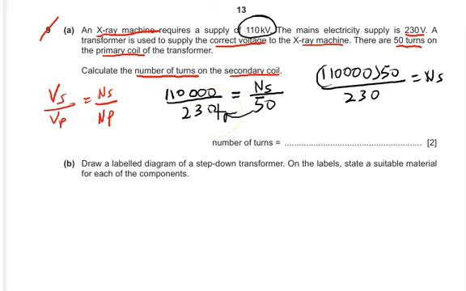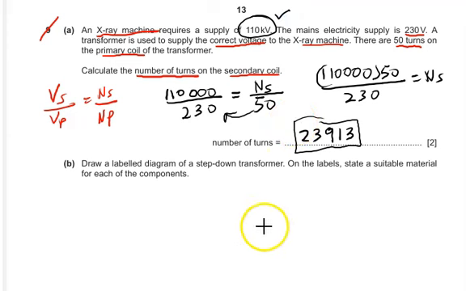When you calculate this value, you'll get 23,913. Okay, so we need this number of turns in order to get this voltage.